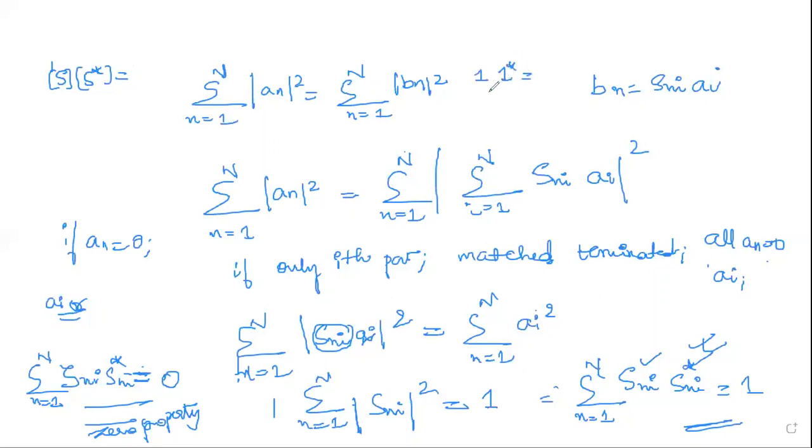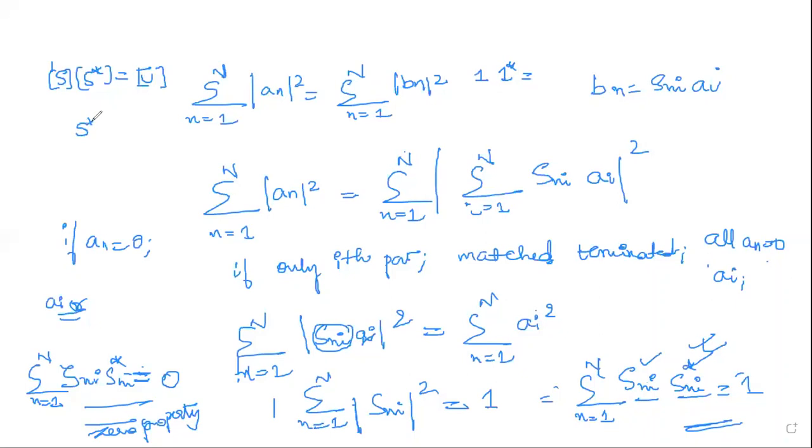What is the value? You have already proved it here: Sn times Sn star is equal to 1. Which means in terms of matrix, how can I write it? It is the unity matrix, because you know it is 1. So S times the complex conjugate of S is equal to the unity matrix.